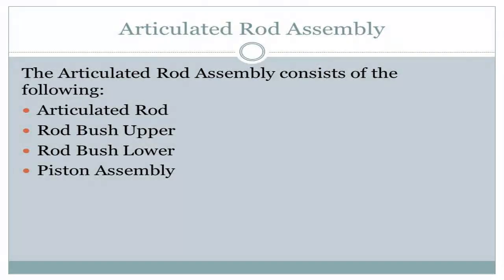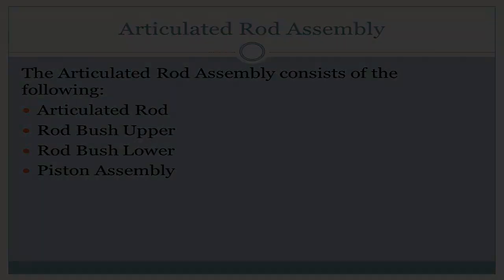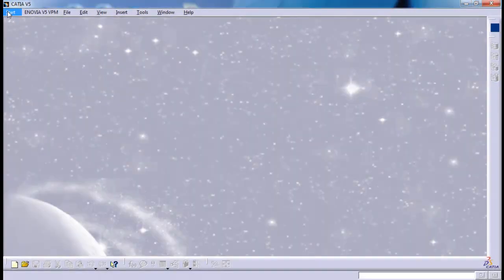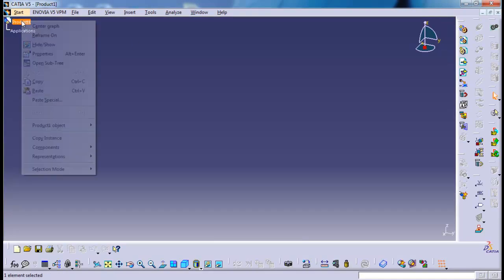The articulated rod assembly will be connecting the piston assemblies to the master rod. We'll once again enter into assembly design, starting over.